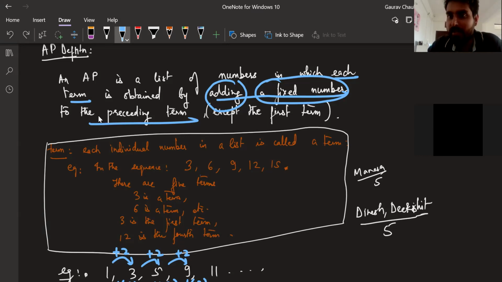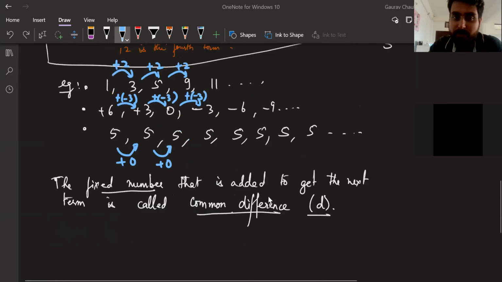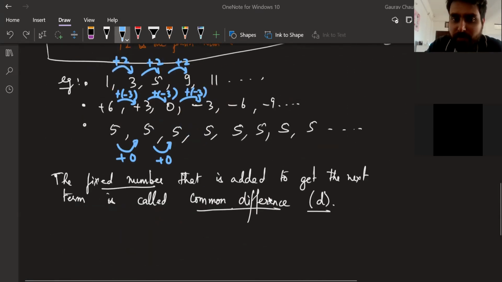There are different ways these patterns can come, but we are only going to be dealing with one particular type of series or sequence in 10th class, and that is arithmetic progressions or arithmetic sequences. Then we went on to see a couple of examples. We saw these 3 examples. The fixed number added to get the next term is called the common difference.